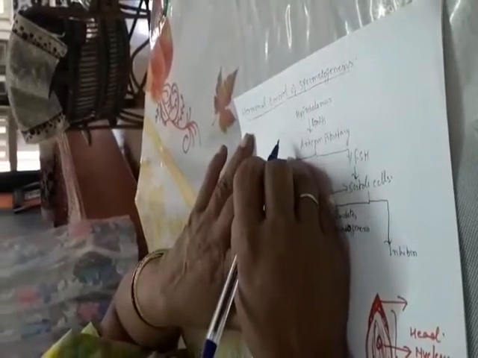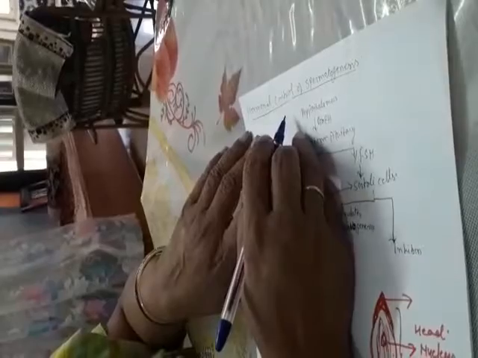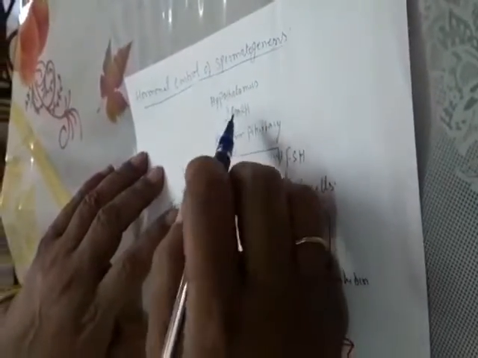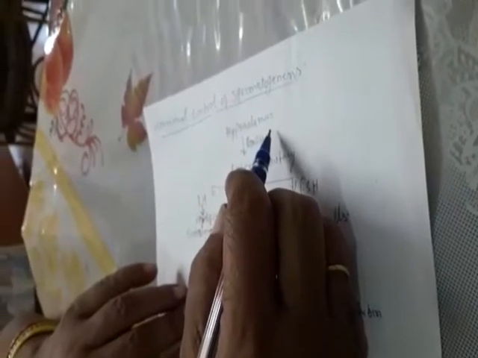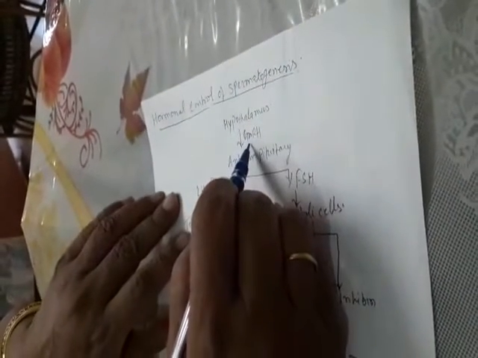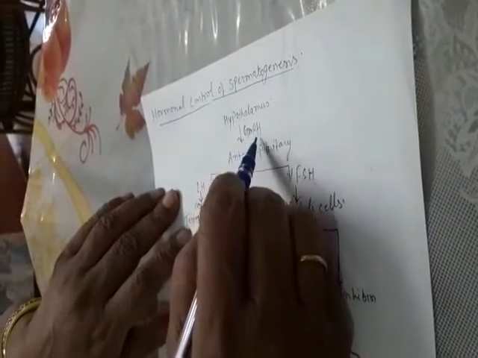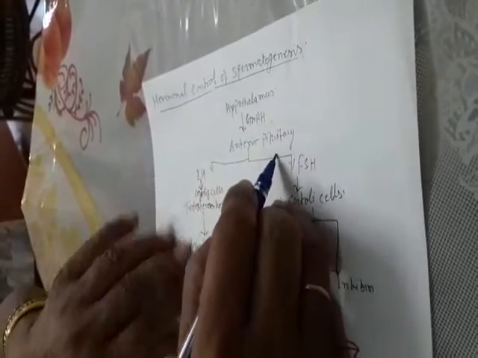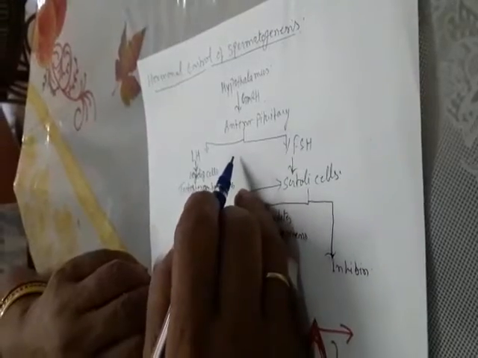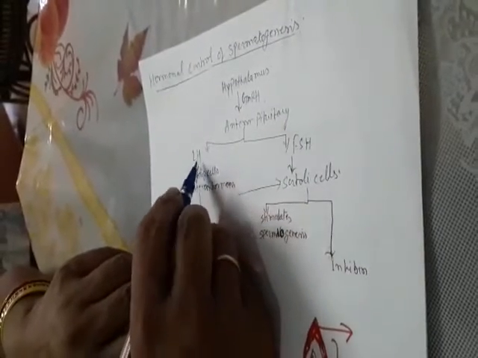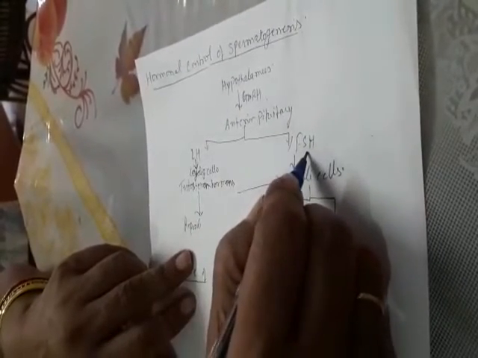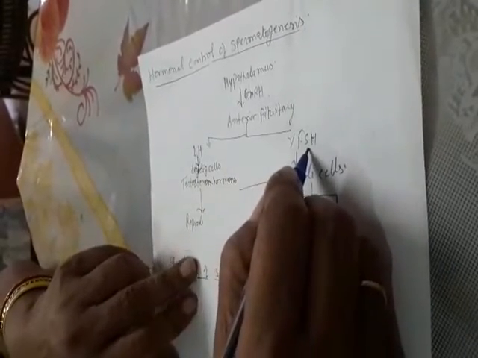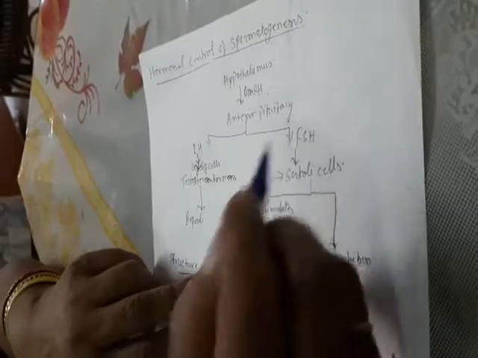Now we will start the hormonal control of spermatogenesis. The hypothalamus secretes gonadotropin releasing hormones, which act on the anterior pituitary. The anterior pituitary releases two hormones, LH and FSH. LH is luteinizing hormone, FSH is follicle stimulating hormone.